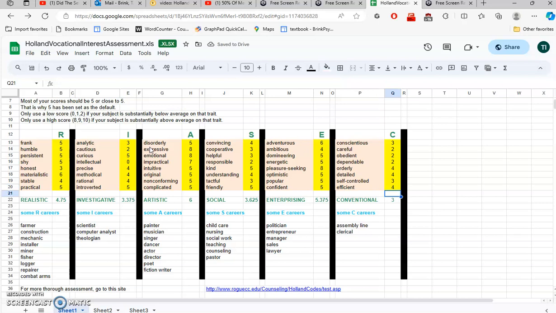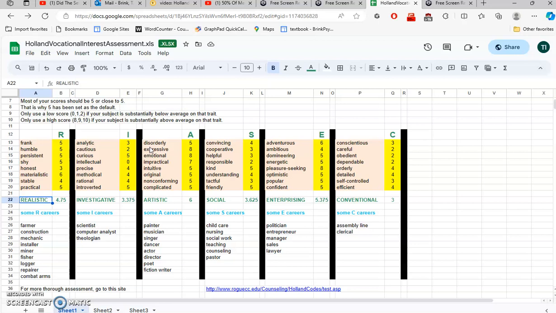Now focus on the green words. These are 6 different vocationally related personality traits, and the little number in green next to each word represents his average score on the adjectives associated with that personality trait.